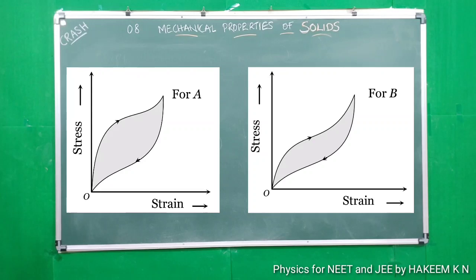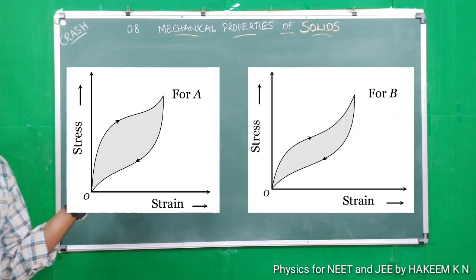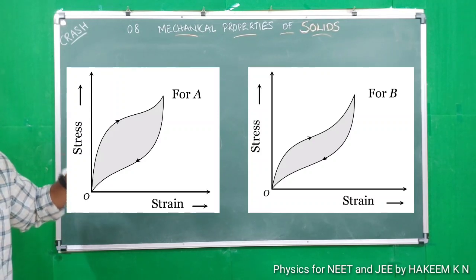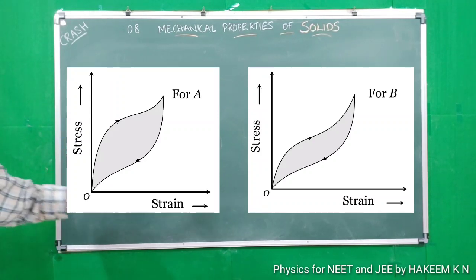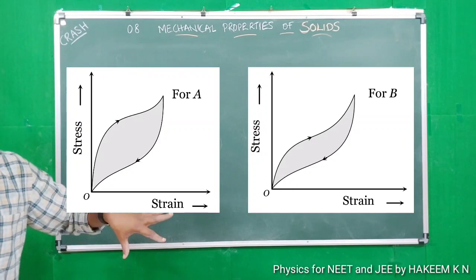Rubber A has a large hysteresis loop. That means rubber A can lose elastic potential energy in the form of heat in large amounts. So it is used to absorb vibrations of machinery parts in factories.